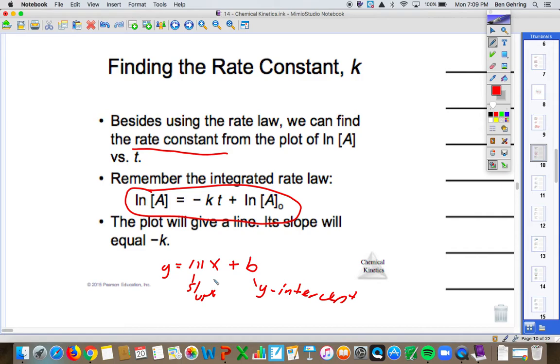So using my information here, k becomes my slope. And so that's where that all goes together.